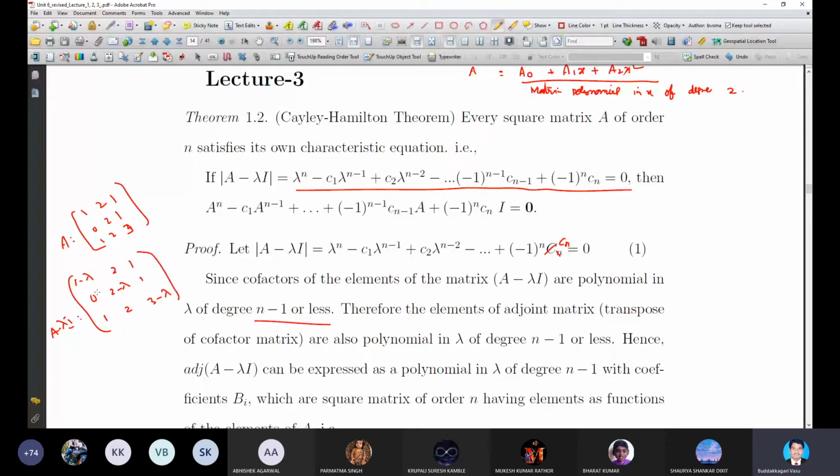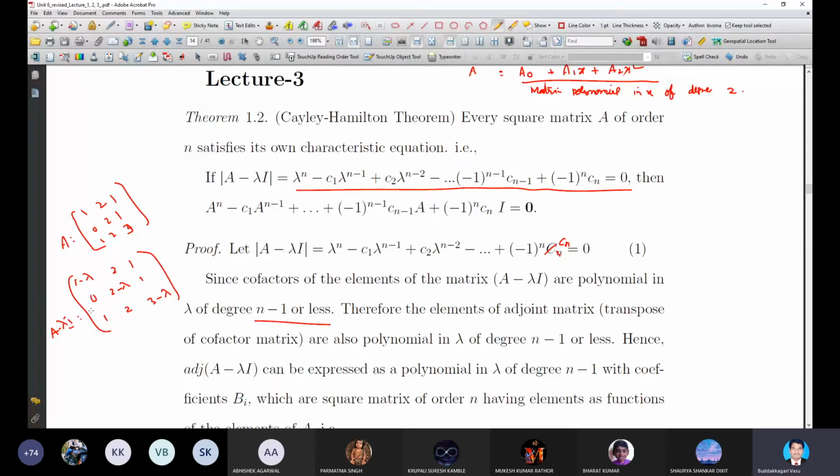Why? If you choose any element of this matrix A minus lambda I, the corresponding row and column will be eliminated. The remaining matrix determinant we are finding. So one lambda is out, and the remaining will be n minus 1 lambdas.